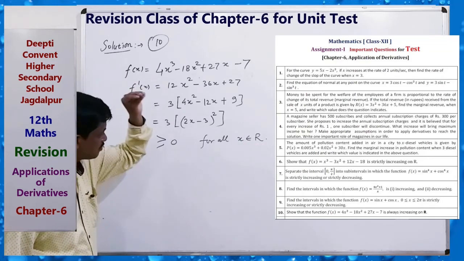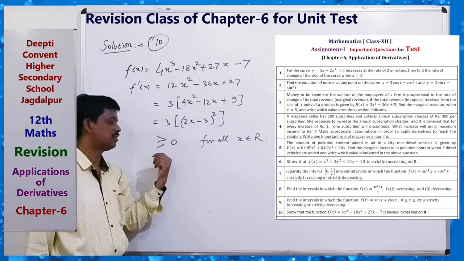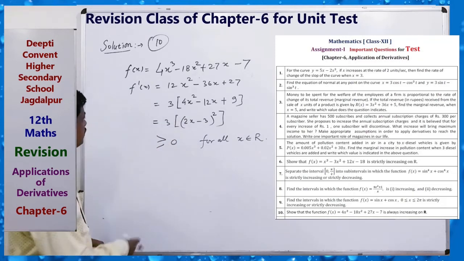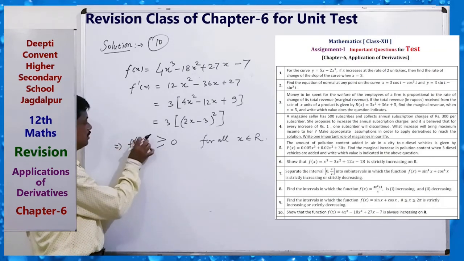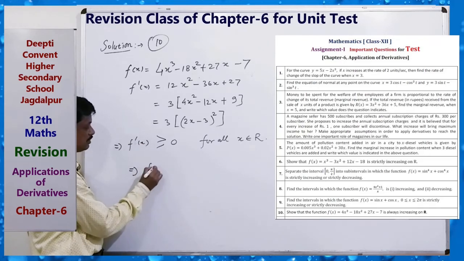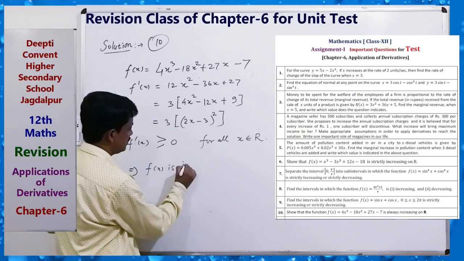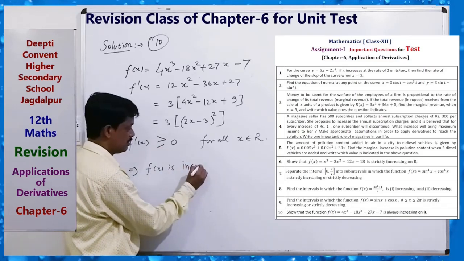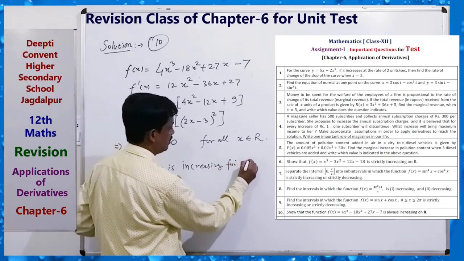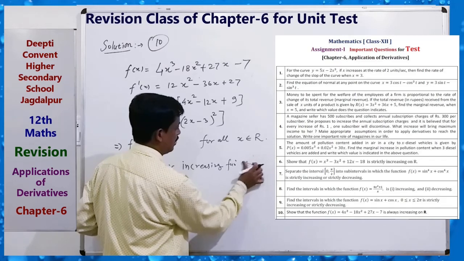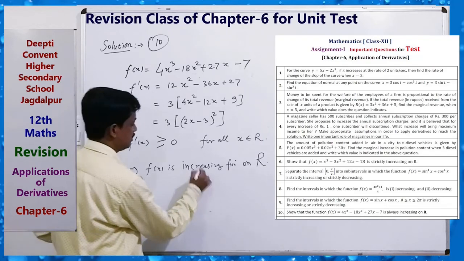Being a square, this is positive, so greater than or equal to 0. This implies f dash x is greater than or equal to 0, which implies f(x) is increasing on the complete real line.